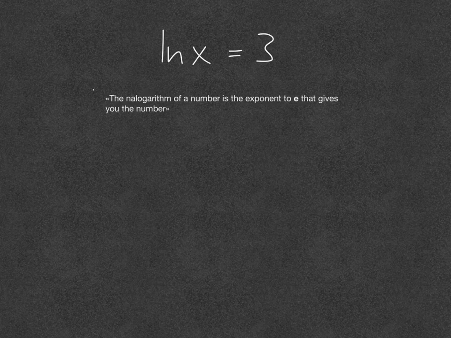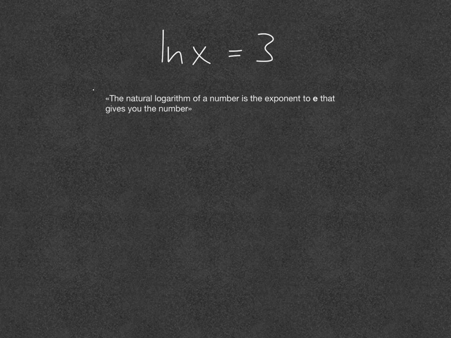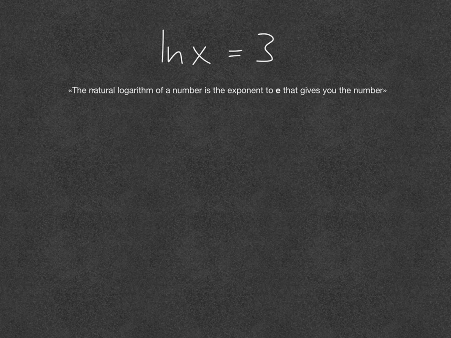So if I write natural here, the natural logarithm of a number is the exponent to e that gives you the number. Yeah, so that's the rule we're going to use for the natural logarithm.